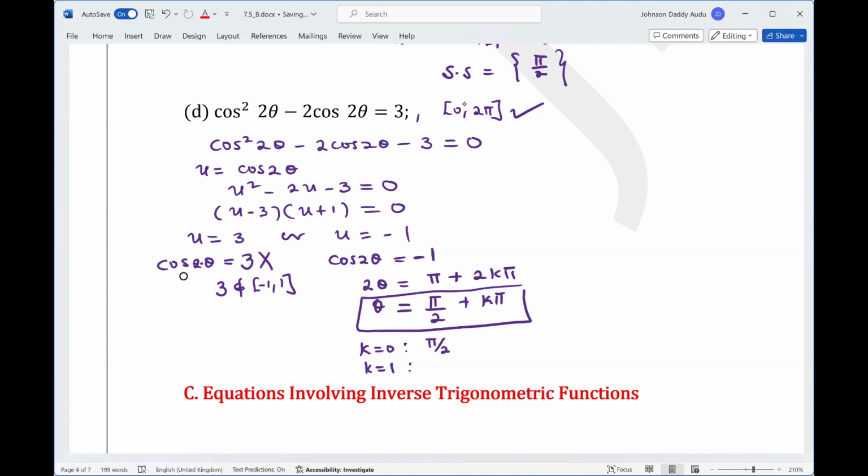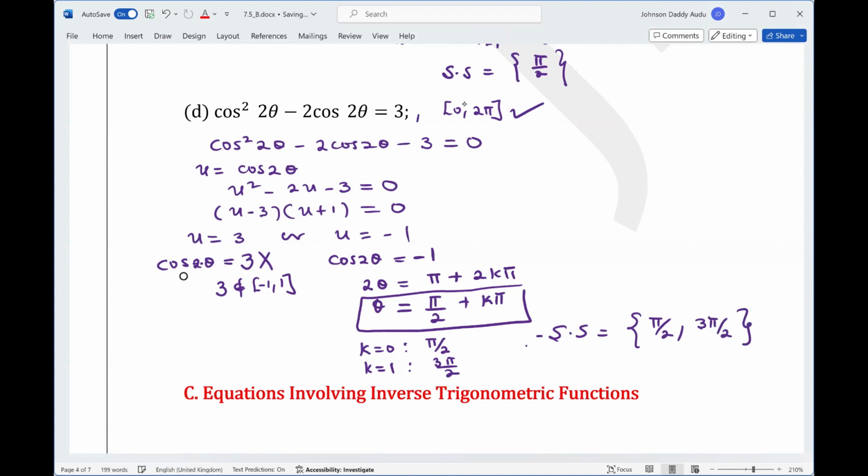Now, what if k is 2? If k is 2, then it's going to be more than the interval. So k cannot be 2. We have only 2 solutions. When k is 0, we have pi over 2. And when k is 1, we have 3 pi over 2.